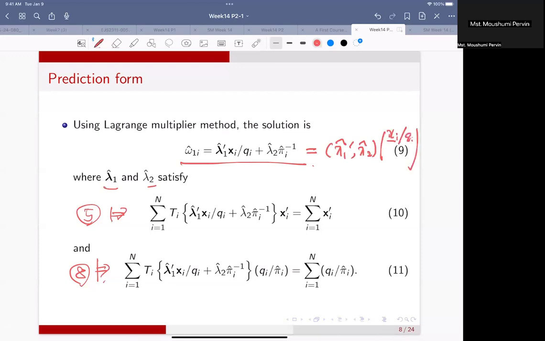Xi Qi Pi hat inverse, right? So you can write it this way, or, since this is a scalar, you can transpose it: xi prime divided by qi times lambda hat 1, plus, I guess probably this is better, Pi hat inverse lambda hat 1 lambda hat 2.